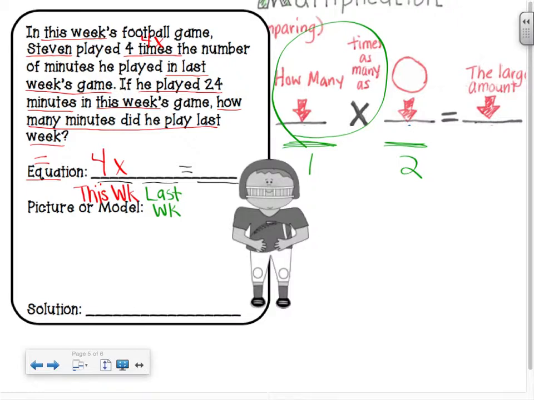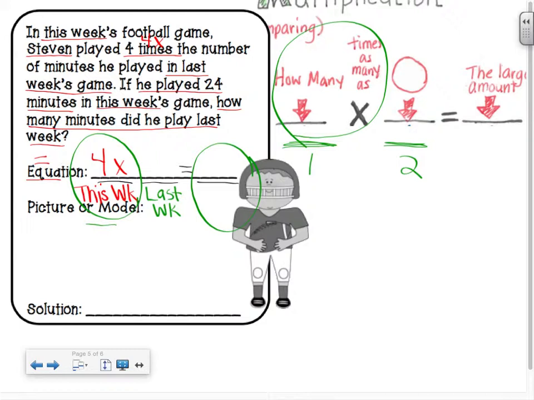So ready? Watch. The real answer to the times as many goes there. Don't circle this on yours, just watch. The real answer to this goes there. The real answer to how many times as many goes where?